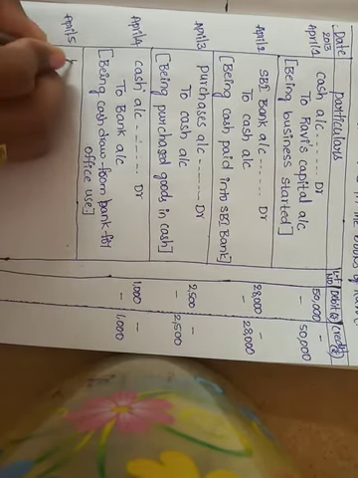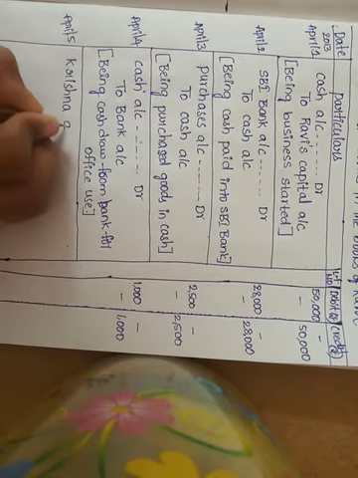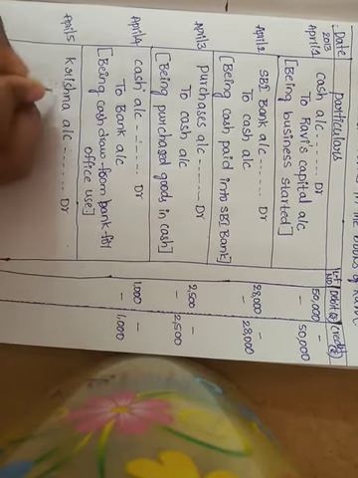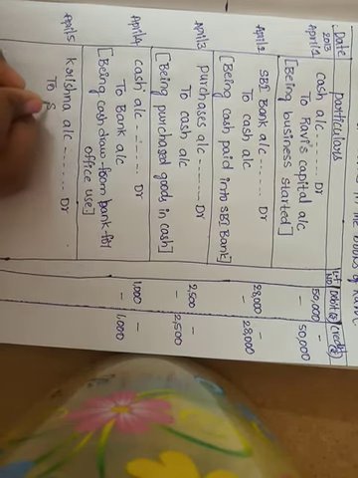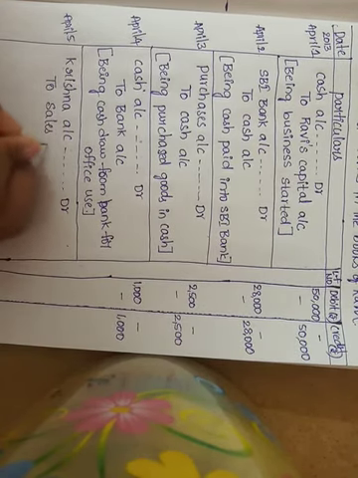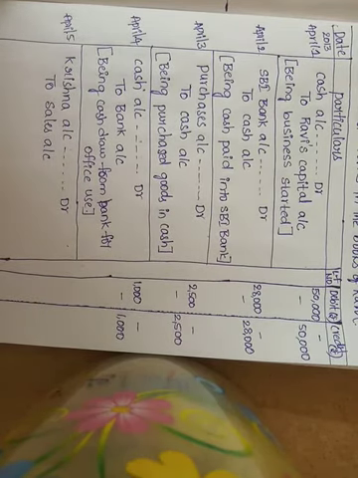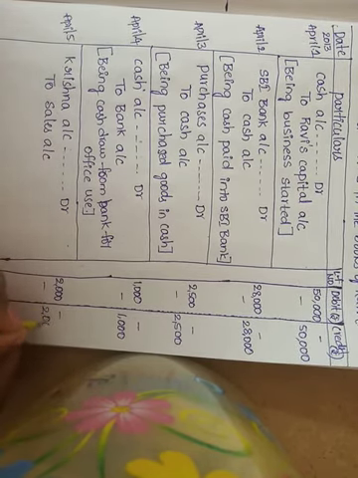So that goods entry is Krishna account debit to sales account, rupees 2000.